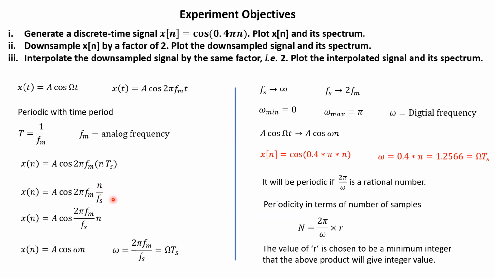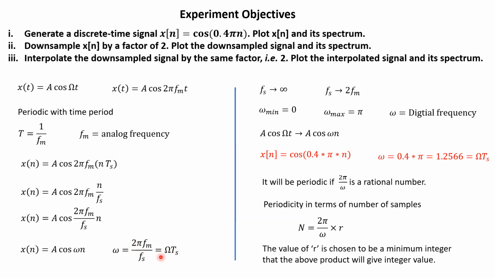Now this entire factor 2 pi fm upon Fs we can replace by another symbol, omega. So this omega is nothing but 2 pi fm upon Fs, while 2 pi fm can be written as the analog omega.